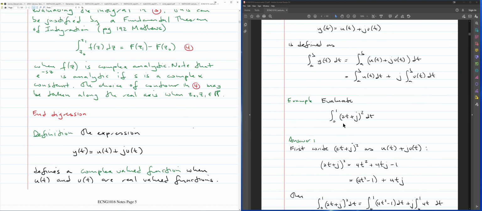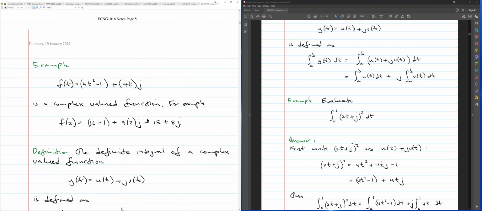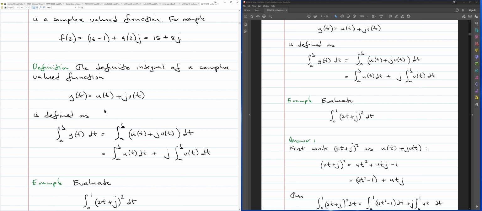So I want to integrate this here, and I want to use the definition I have for integrating a function that is complex valued. But notice this function is written in a certain form. You have a function u of t, which is real valued, a function v of t, which is real valued, and then you have this j. This isn't exactly of this form, so what I can do is expand this out.